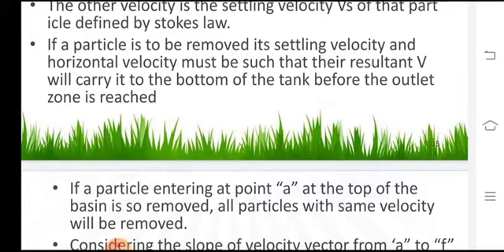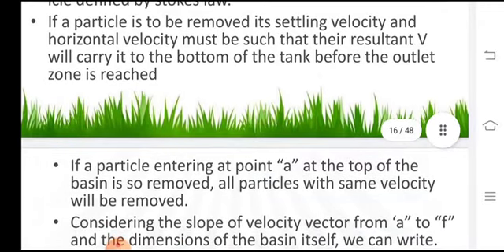Actually, it has a net force, not only the gravitational force but also a drag force. So the net force acting on it will facilitate the movement of the particle to the bottom. So that net force will be used in the Stokes law.